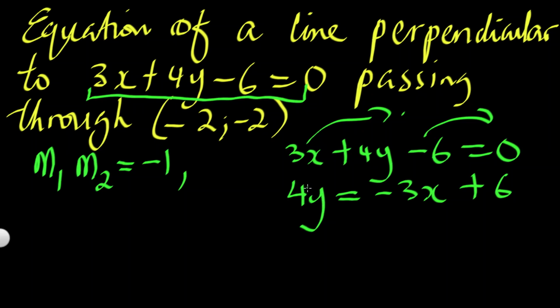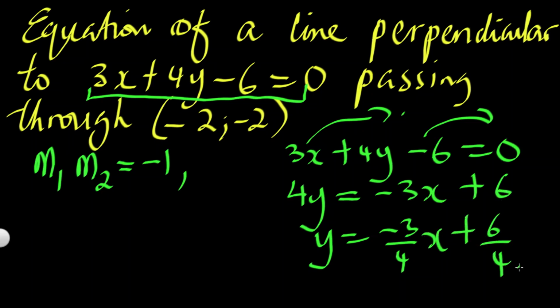Now to find my y, I divide every term by 4. So y equals minus 3 over 4 x plus 6 over 4, which to the lowest terms is 3 over 2.